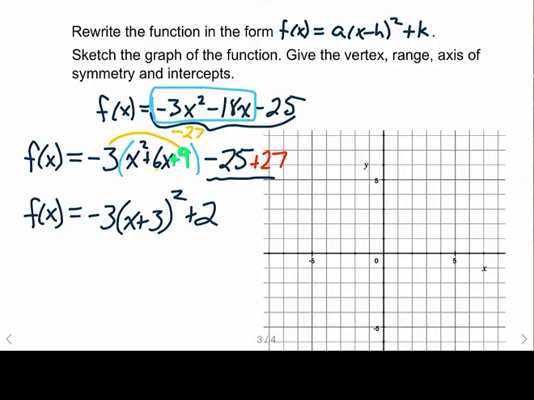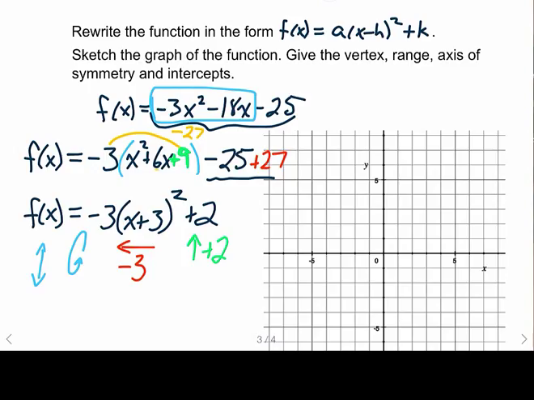What I see is that this function is flipped upside down because of the negative 3, and it has a vertical stretch. I also see that because of the x plus 3 quantity squared, it's been moved to the left by 3 units, and because of the plus 2, it's been moved up 2 units.